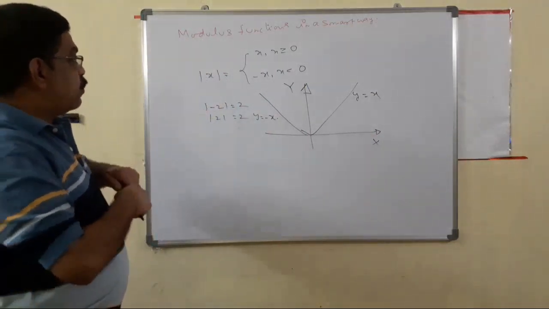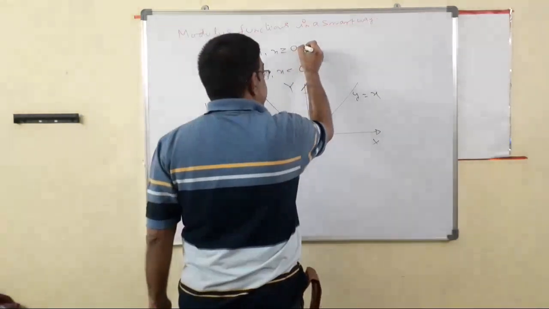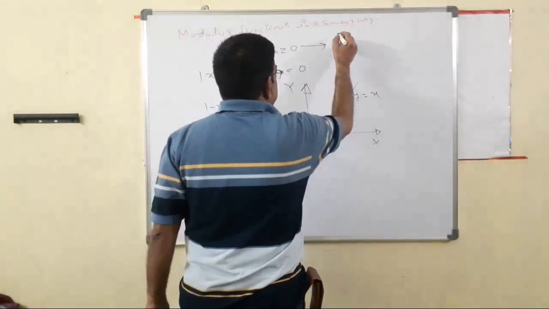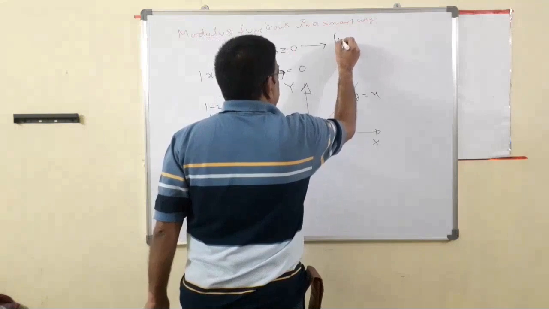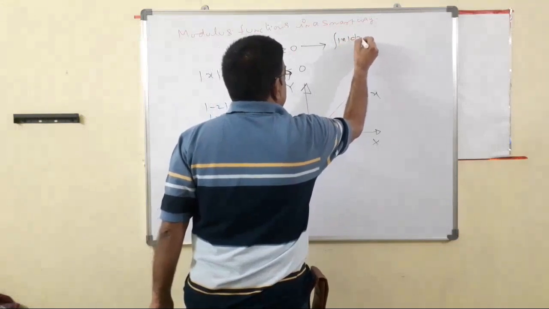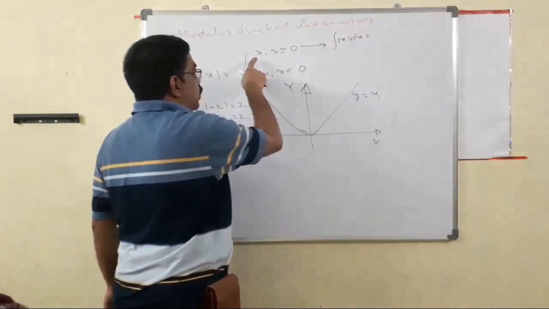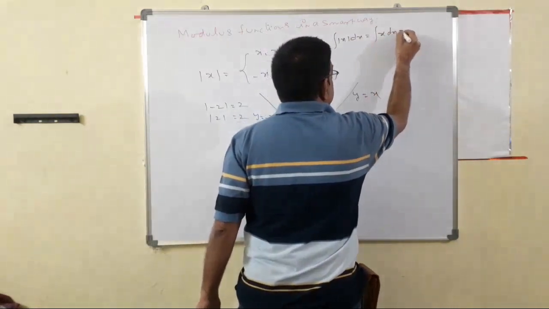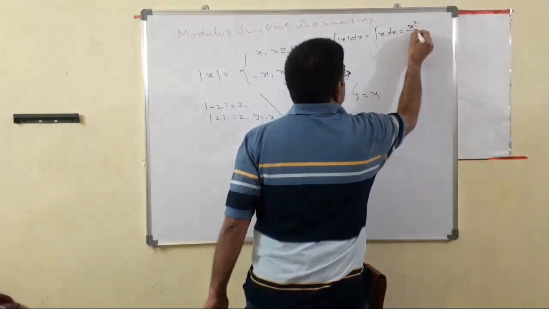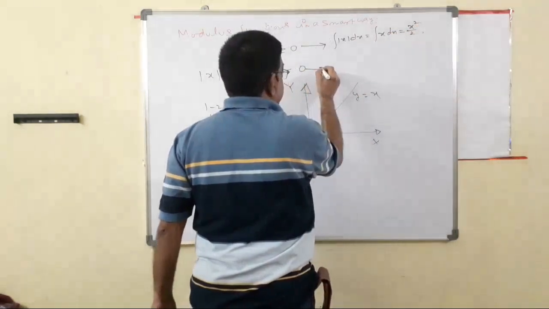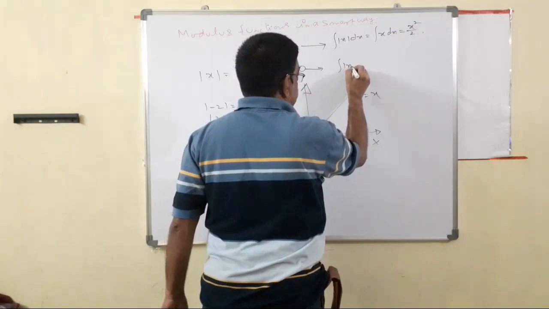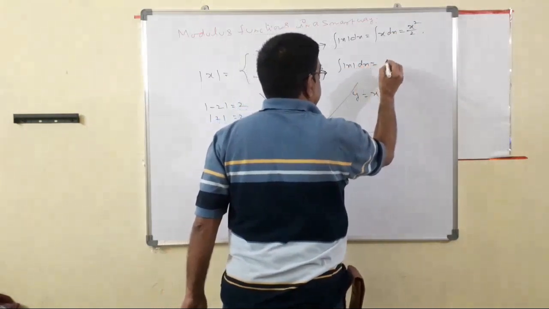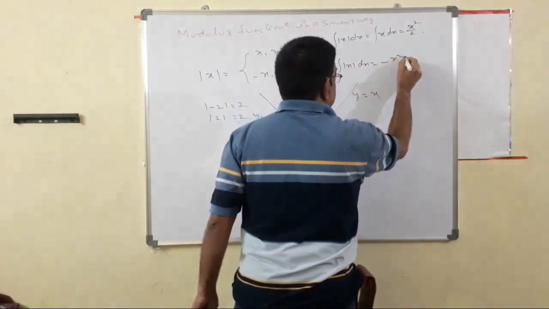Now for the upper branch, can you tell me what is integral of mod x dx? When x is positive, it's going to be integral x dx, which gives me x square upon 2.